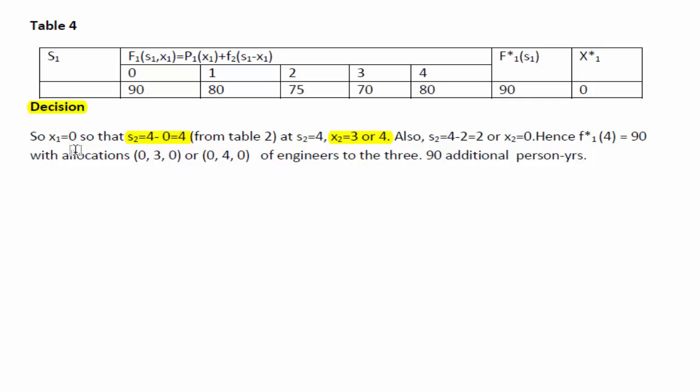You remove 0 for establishment 1. That means there are still 4 available for establishment 2. Now establishment 2 may need 3. It can operate maximally either at 3 or 4. So at 3 it removes 3, it remains 1, but at 4 it removes 4, it remains 0. So that means for s1 we need either 1 or 0.